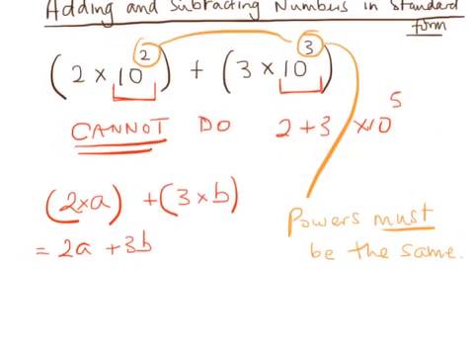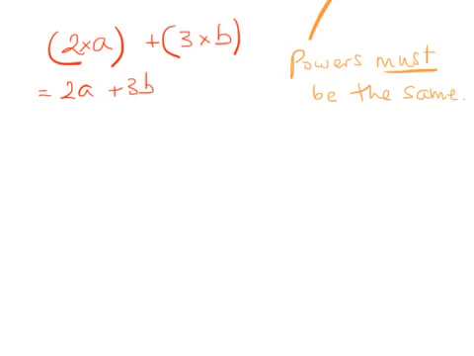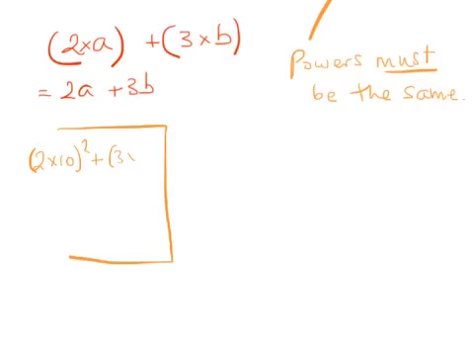Before we go back to this example, let's have a look at a quick example whereby we've got the powers to be the same. So let's say we've got 2 times 10 to the 2 plus 3 times 10 to the 2. If we had that situation, then this is very similar to having 2 apples, and these are also apples because they're both 10 to the 2.